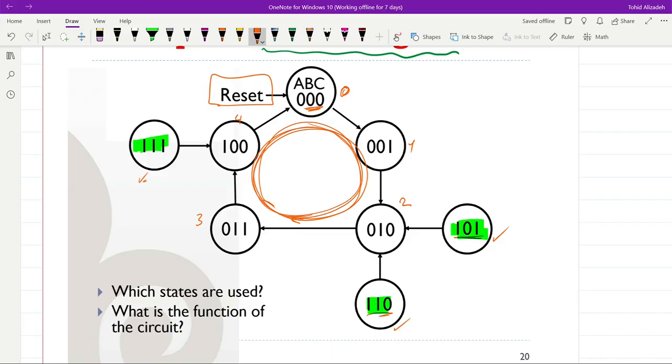So basically it will be kind of counting from 0 to 4 and then going back to 0. If for any reason we start at 5, 6, or 7, we will go back into the main loop and the counting will continue inside the loop indeed.